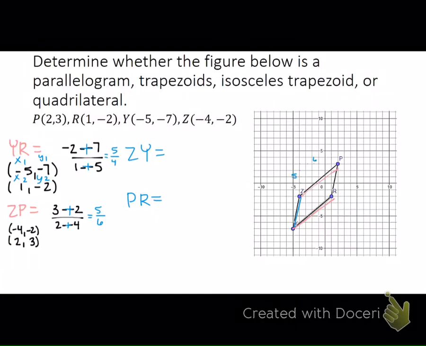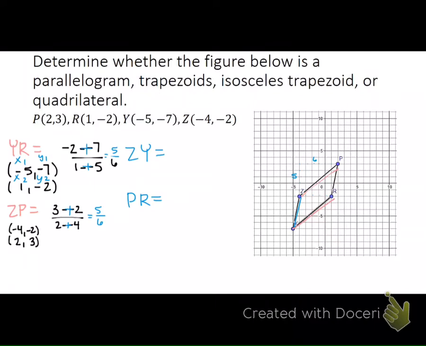Did I do them right is what I gotta ask myself next. I got 5. They should have the same slope, so I did something wrong. That's because I decided that 5 plus 1 is 6. So are opposite sides parallel so far? Yeah. So far so good. We have one set of parallel sides.